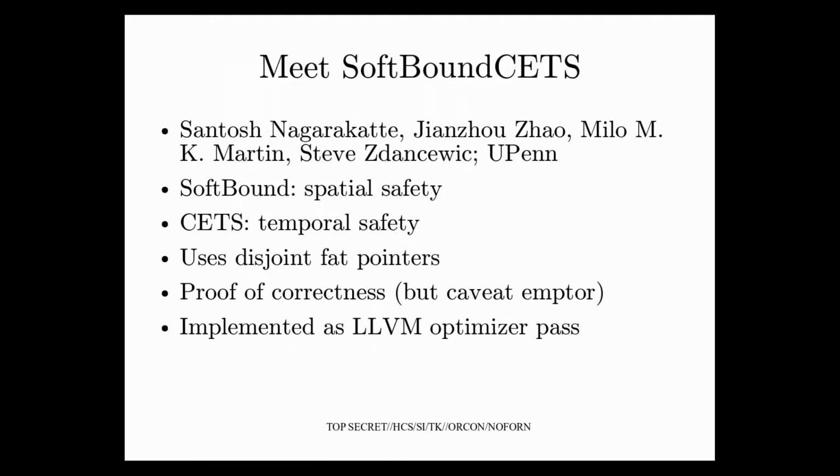And CETS talks about compiler-enhanced temporal safety. So we got that abbreviation. That's research that has been done at University of Pennsylvania. The SoftBound part does your spatial safety, whether we overrun some piece of memory in the spatial domain, wrong address. And CETS is the part that does the temporal safety, meaning accessing memory that has been freed, essentially, or not yet allocated.